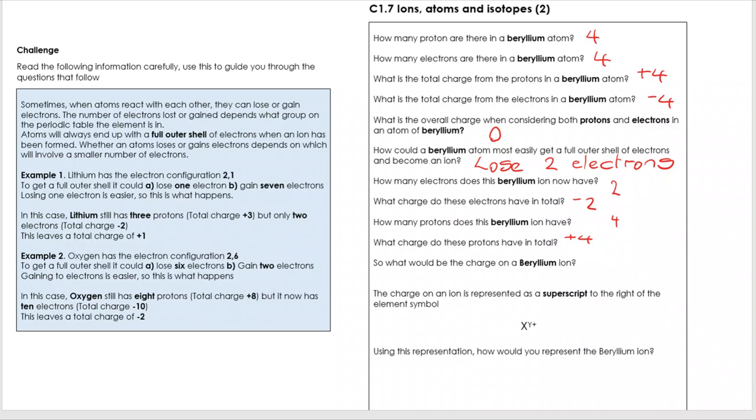So what's my overall charge on a beryllium ion? Well, I've got my +4 and I've got my -2, giving me an overall charge of +2. And then how do we represent that? Well, we write out, as it's described here, the number as a superscript to the right of the element symbol. So I have Be +2.